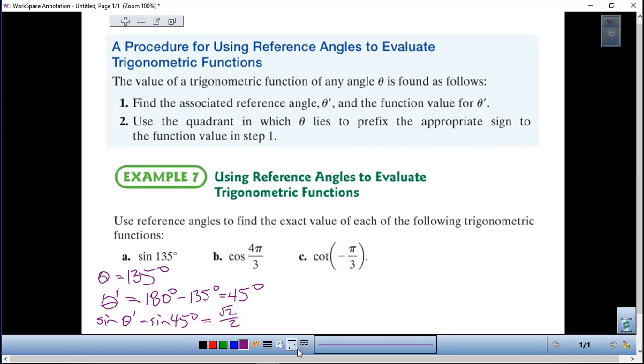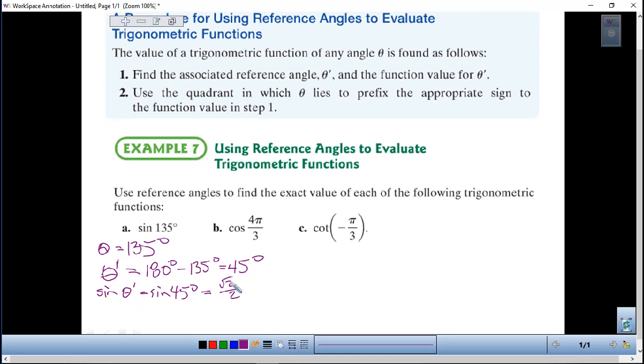Now, we've got to be careful. That may not be the sine of 135. That's where we've got to go back and use the original theta and determine what quadrant it's in. It may be the right answer, but it may change signs as well. So in quadrant 2, which is where 135 is, here's 90, here's 180, so it's in this quadrant 2 here.